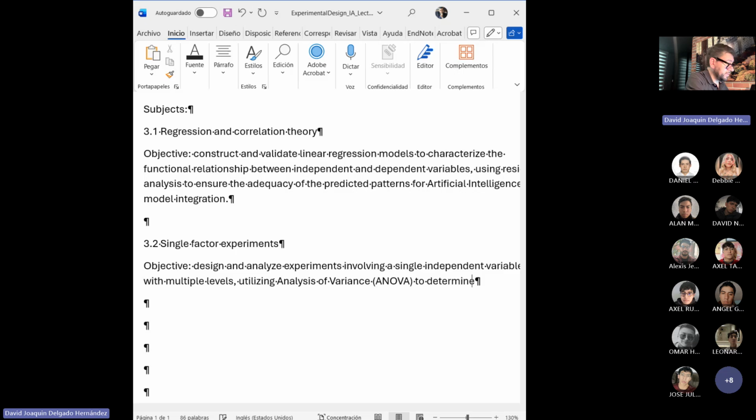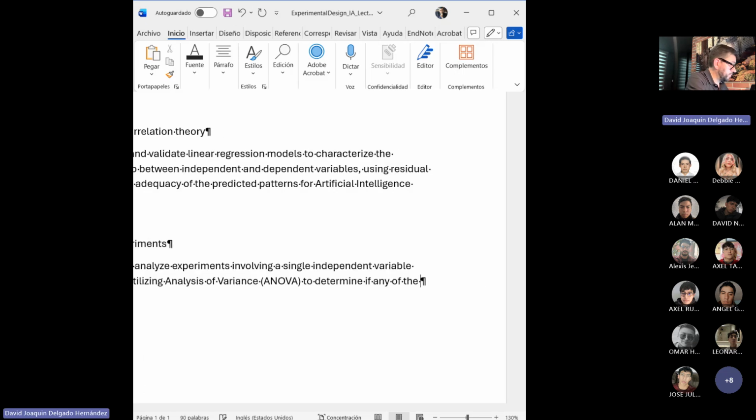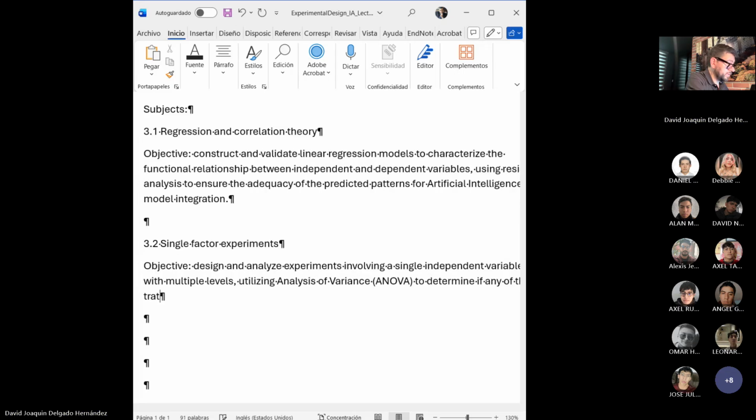To determine if any of the treatments result in a statistically significant difference in the system response.